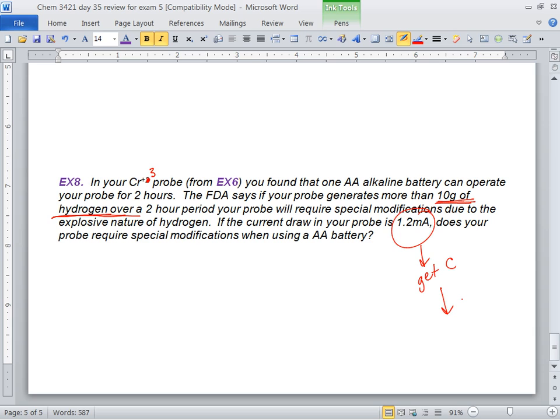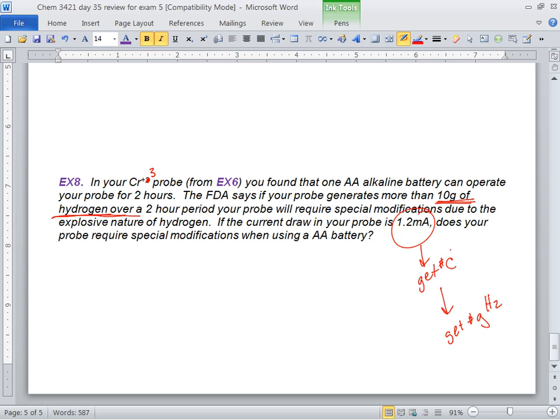Hydrogen. Are they talking about H plus or H2? H2. H2 is the explosive stuff. So from the 1.2 milliamps, get coulombs. And then out of those coulombs, get grams of hydrogen.